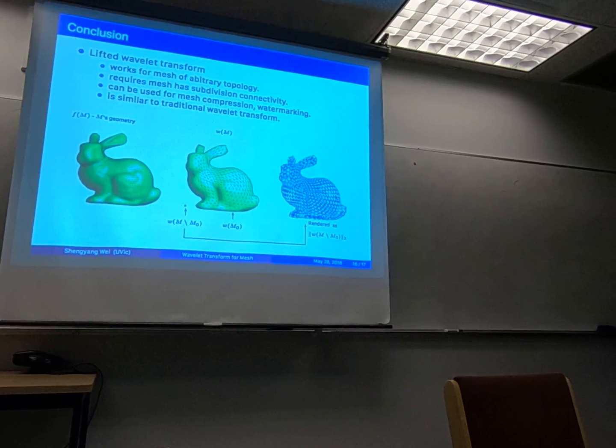The darker value means a lower wavelet coefficient, and the lighter value means a larger wavelet coefficient value. So at some smooth areas, the wavelet coefficient is very small. At some detail parts, the wavelet coefficient is slightly larger.